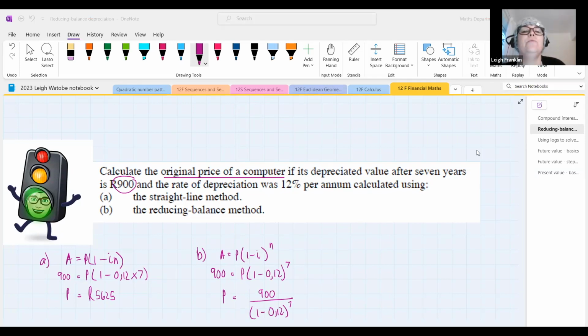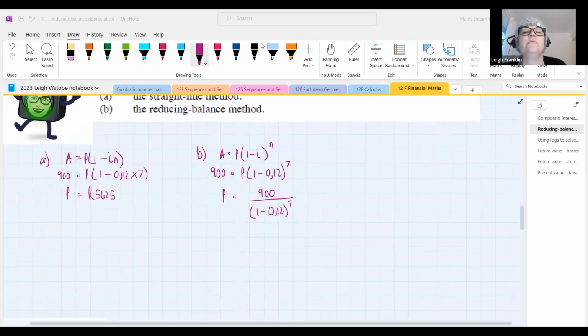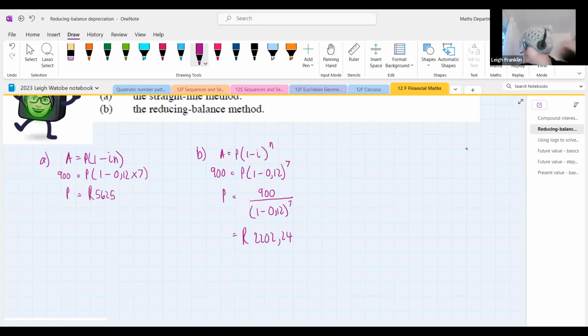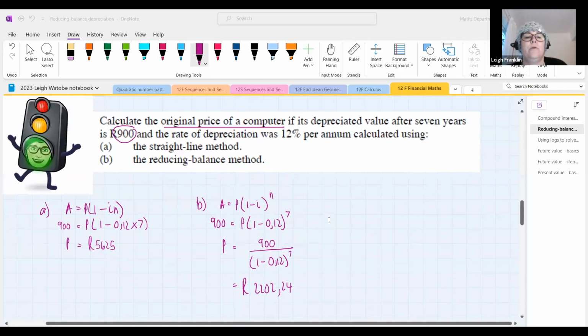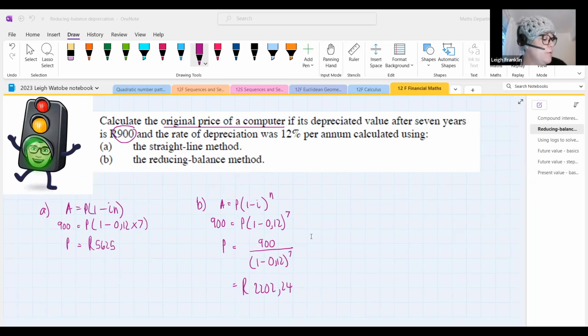Cool, Luzuko and Ayanda. Nice, well done. Lesejo, good. Well done. So 2202.24. Fairly straightforward. If you want to take screenshots, take screenshots. And we're going to move on to the next thing.